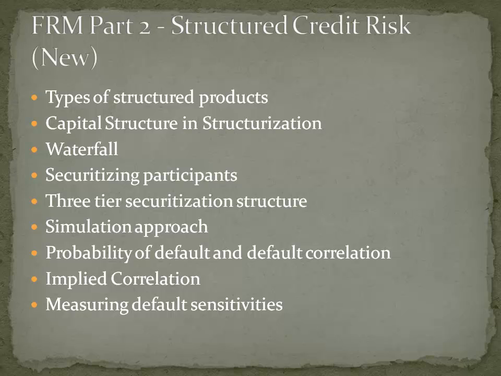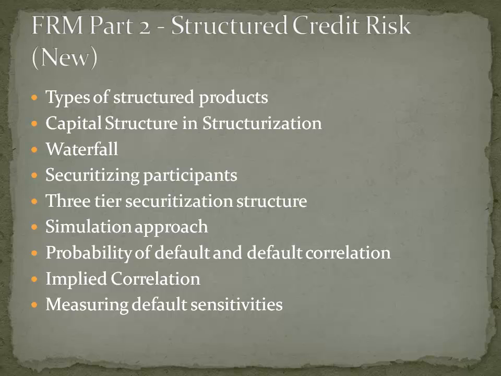So structured product, capital structure and securitization, structured product participants, a basic waterfall structure and the impact of correlation should be studied to correctly gauge the risk that we have in the structured product.